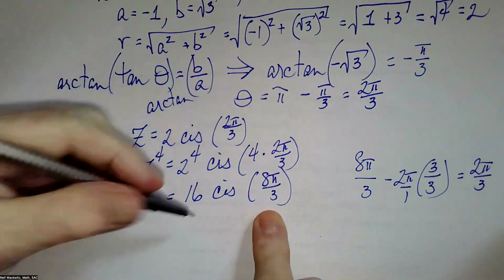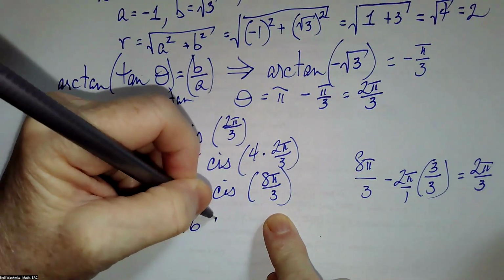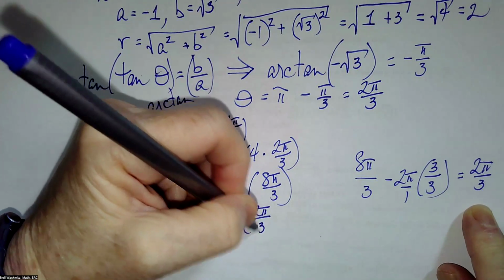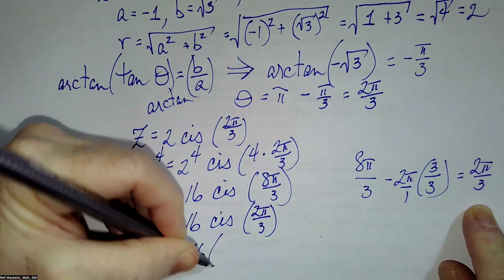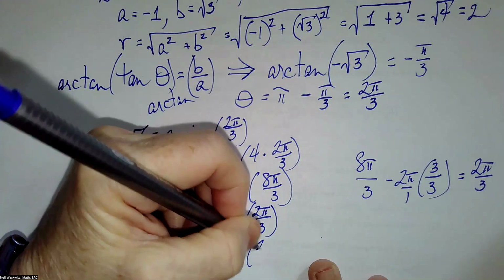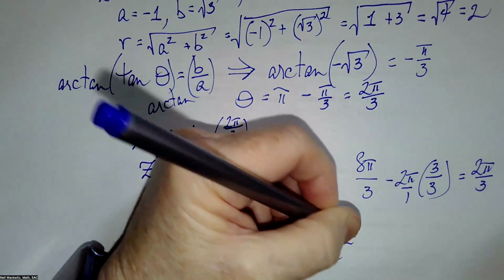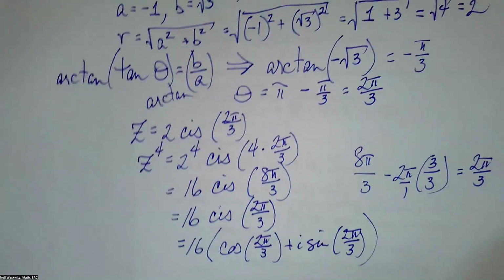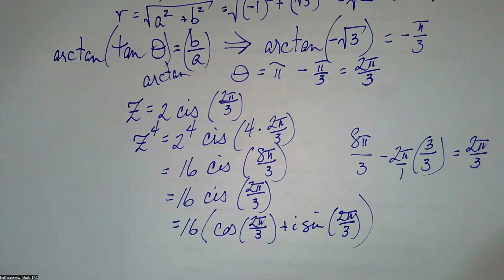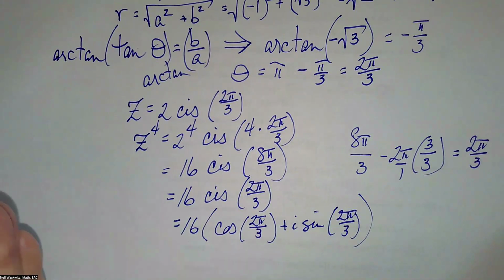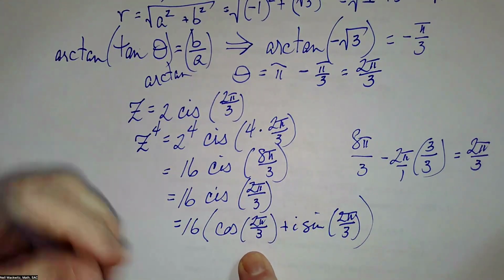That's interesting. So we've got 16 times the cosine plus I sine of 2 pi over 3. Again, I know I'm in quadrant 2 because 2 pi over 3 is in quadrant 2. The cosine of 2 pi over 3, cosine is negative in quadrant 2, and cosine of pi over 3 is 1/2.